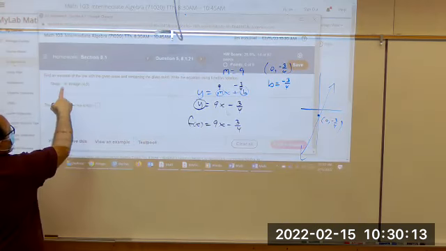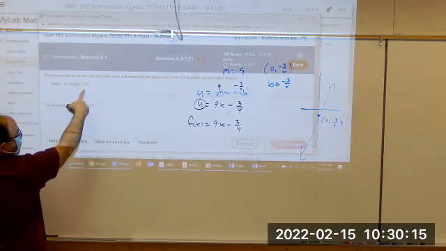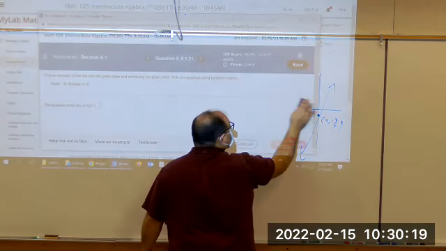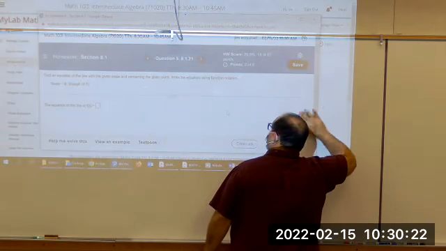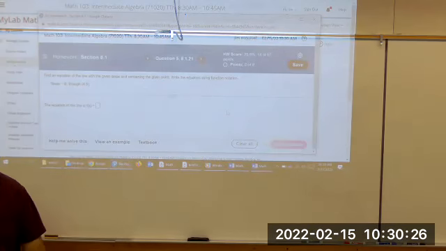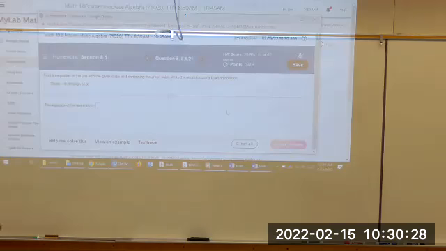Equation of a line with the given slope going through this point. This was the seventh question on the test. It gave you a slope and a point.